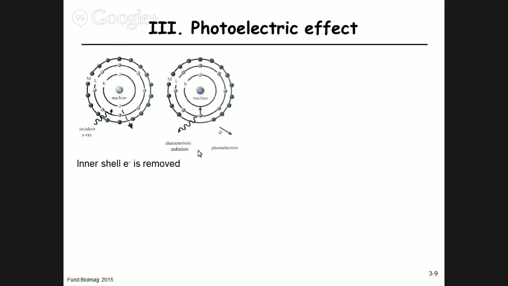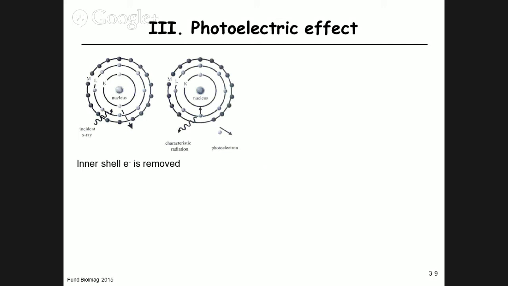So a so-called photoelectron is produced. Last week we had electrons kicking out electrons of the inner shell. Now we have a photon doing the same thing.